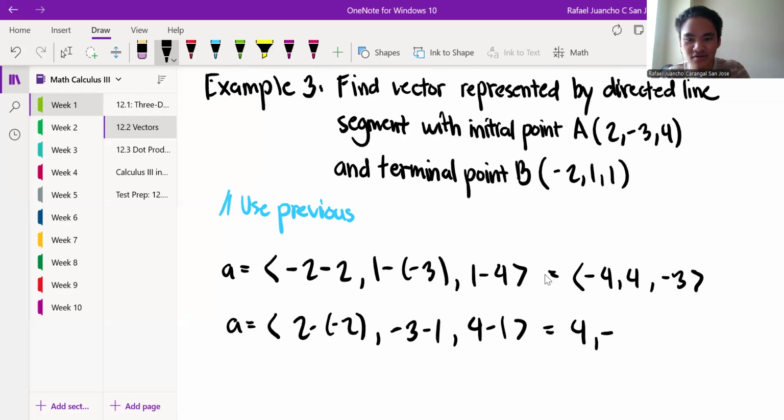So this is 4, -4, 3. And then if I do an absolute value, actually, no. No, I'm actually wrong.